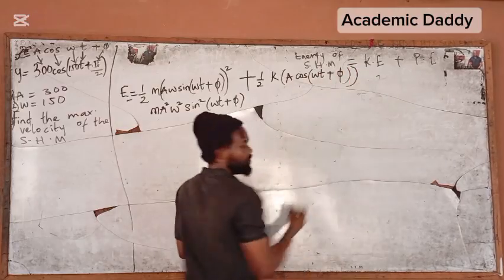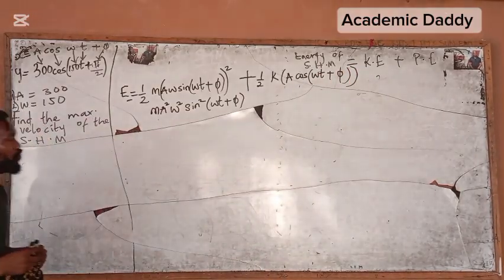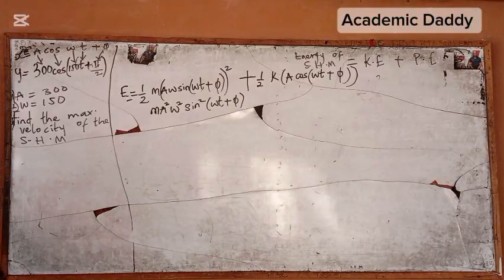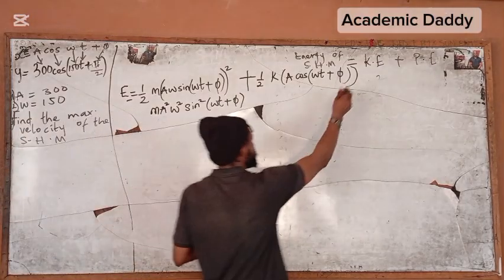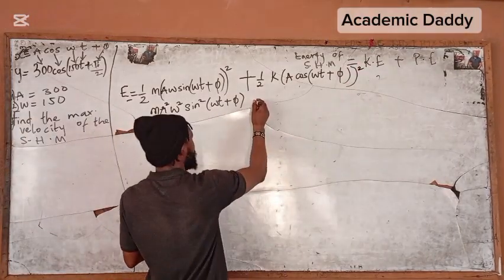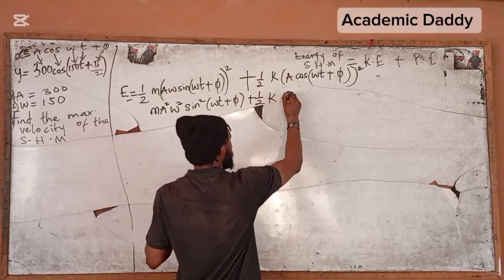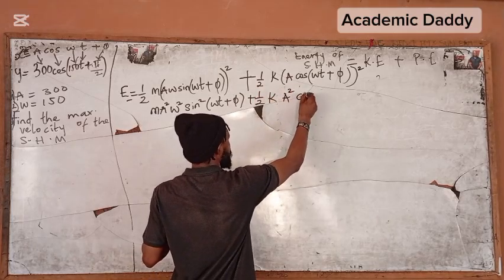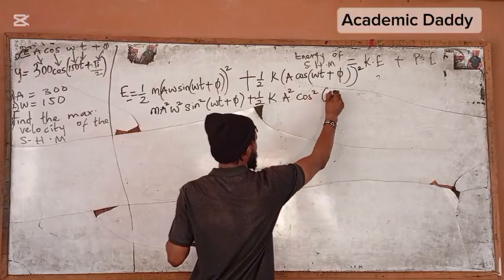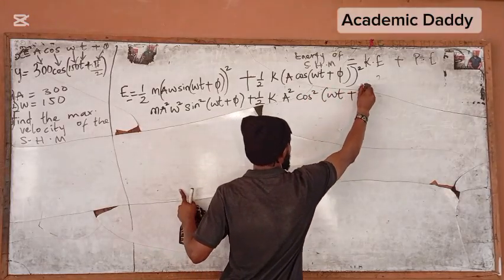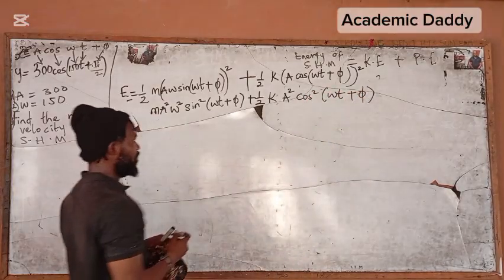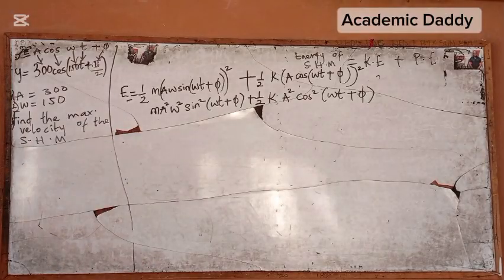Just be strong. Once you start getting confused, you call me back. The x is squared, so that this will now be half m plus half k, A squared cos squared (WT plus phase angle).